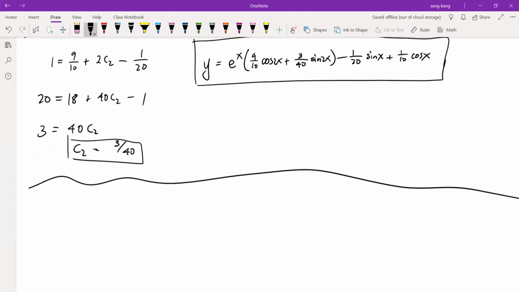Okay, so let's look at number 2. And our initial values are y at 0 equals 0, y prime of 0 equals 1.